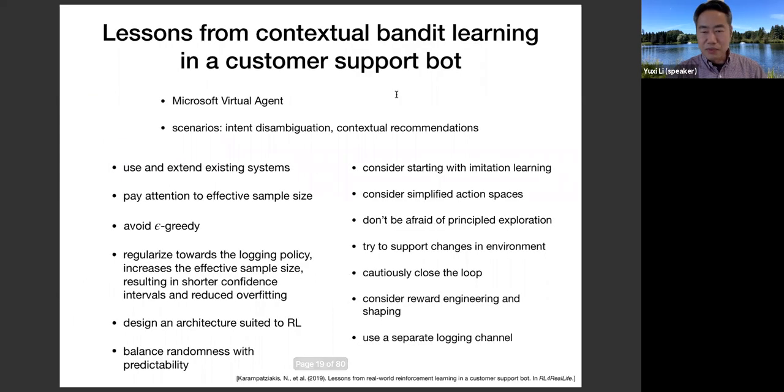Microsoft also applied this to a customer support bot, and they summarized lessons. Usually people publish papers reporting successful stories but not failures. So this paper is about those lessons. I think that's very useful if you want to implement this kind of reinforcement learning system. These are the pitfalls to try to avoid, so we learn lessons from them and try to reduce this kind of cost.